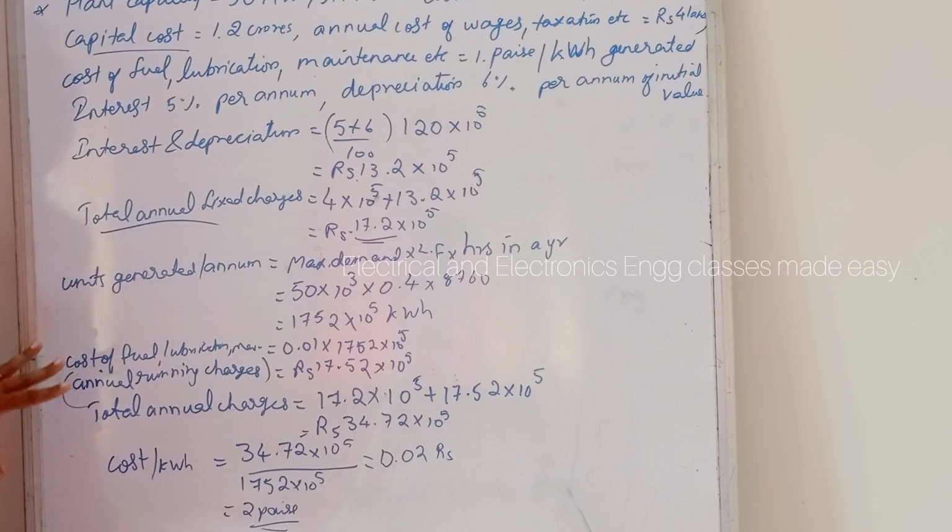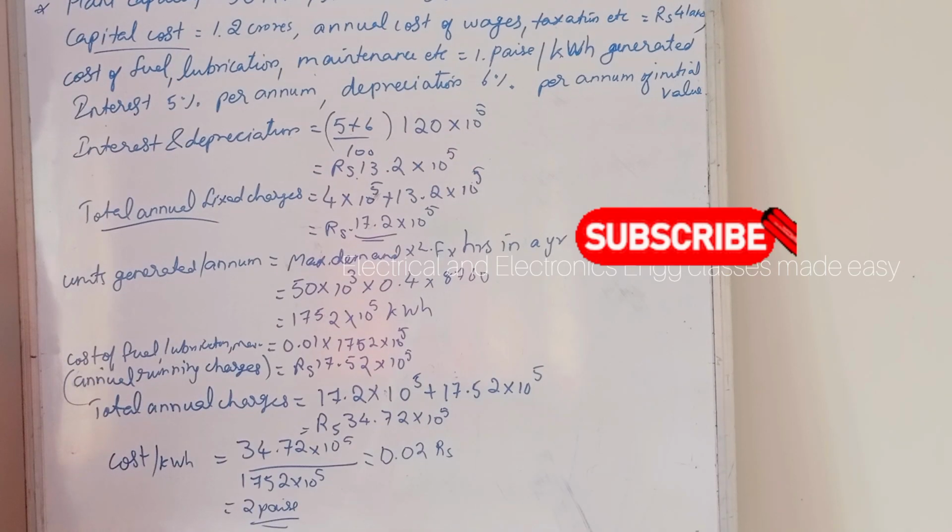So that is the cost per unit generated. In this way we are finding the cost per unit generated.